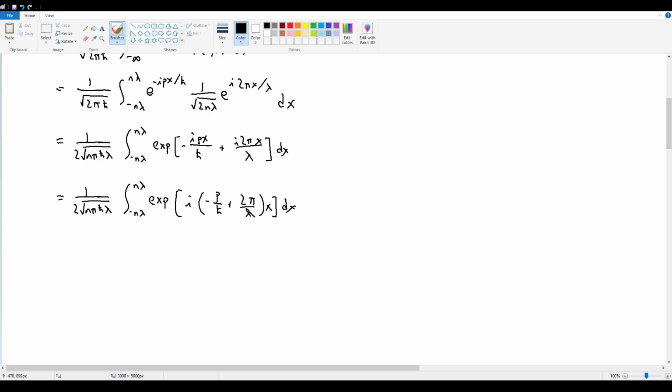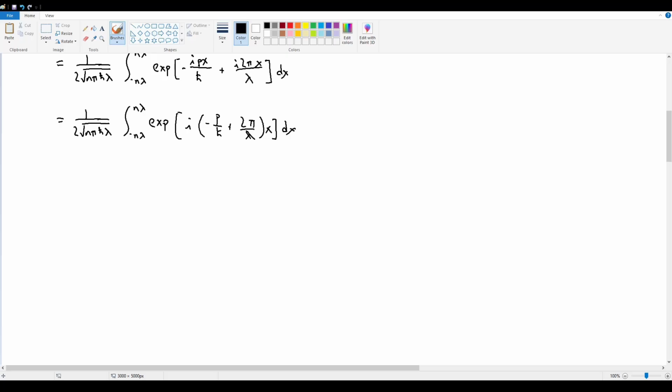Now, for simplicity's sake, we're going to want to combine these two fractions so that we get one single ratio. So this is going to give us the same thing as before, and then the complex exponential of i, and then combining these two, this is going to give us negative p lambda plus 2 pi h bar over h bar lambda multiplied by x dx.